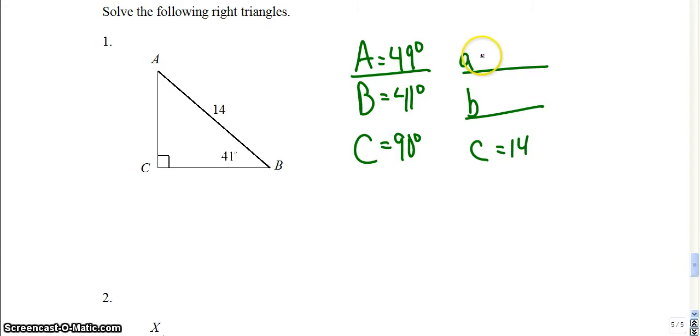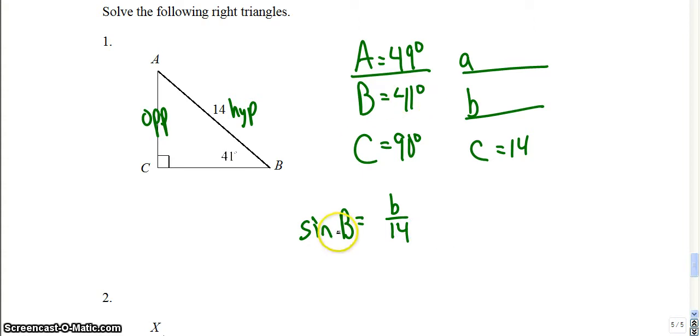Next, to find little b, I could say that the sine of angle B is equal to the opposite divided by the hypotenuse. Sine of B is this length, which is little b, divided by the hypotenuse, which is 14.